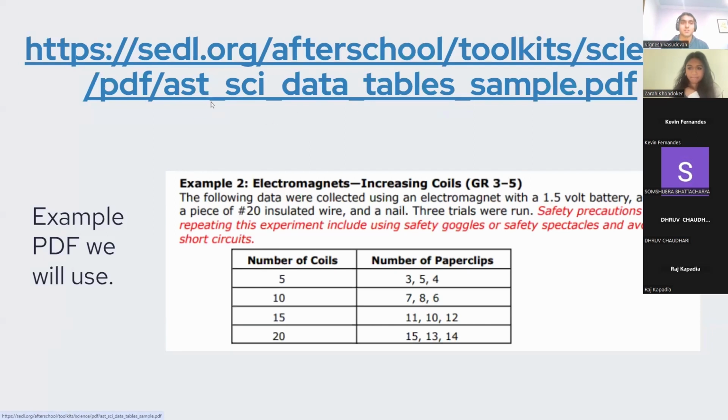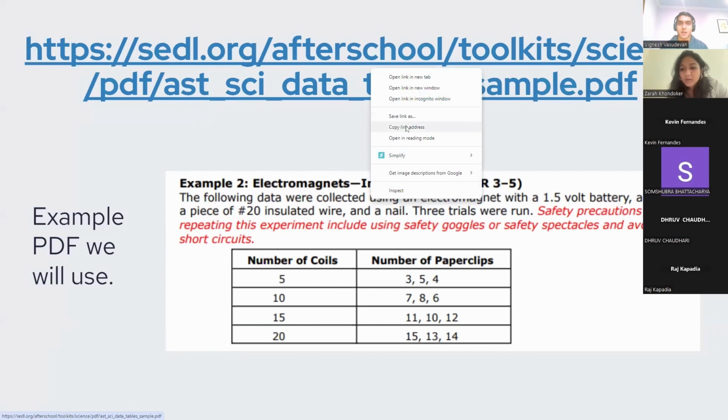This is the first example we're going to be using. So it's just a basic table from a website. It's literally a PDF with a bunch of science experiments, and I thought this table was pretty generic. So we're going to try it first on this PDF.